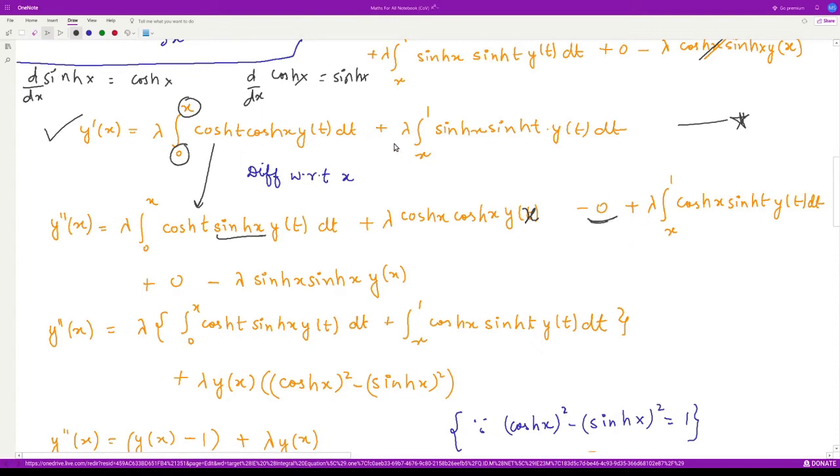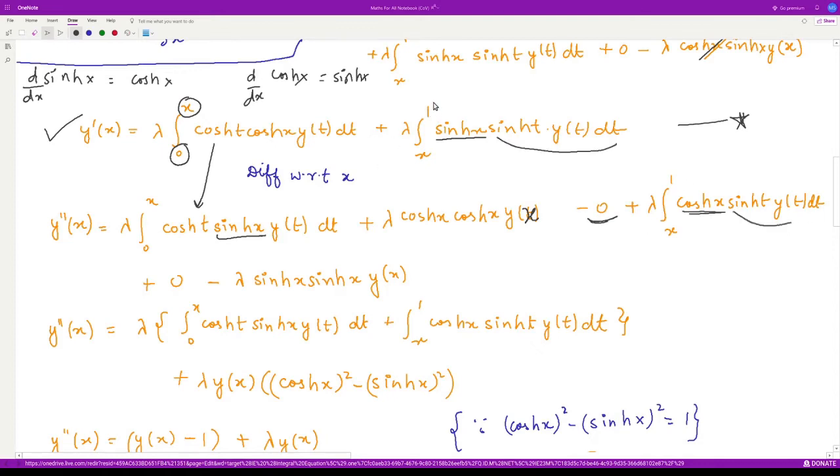Plus similar is with this term, right? The lambda times integration from x to 1, the partial derivative of this whole term with respect to x. So it will be the derivative of sine hyperbolic x only, and what is that? Cos hyperbolic x. Rest all these terms being treated as constant, so they come as it is.